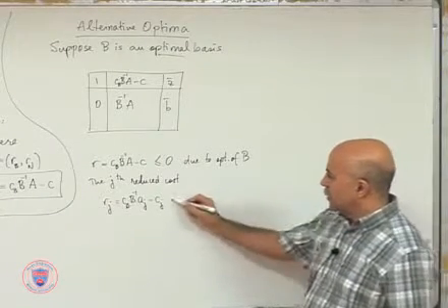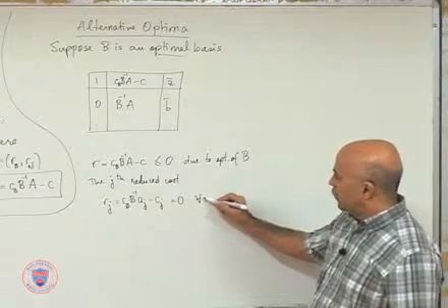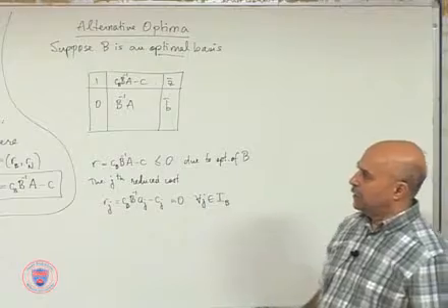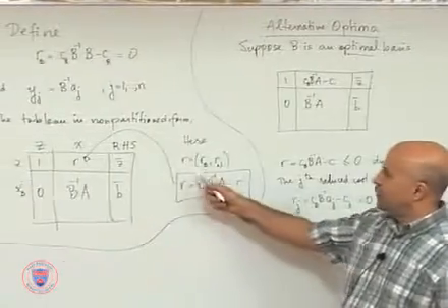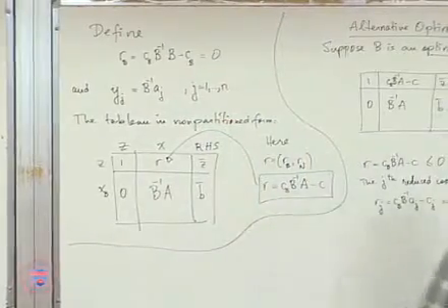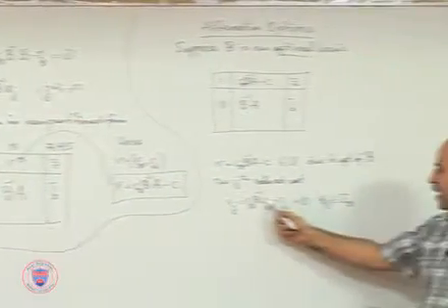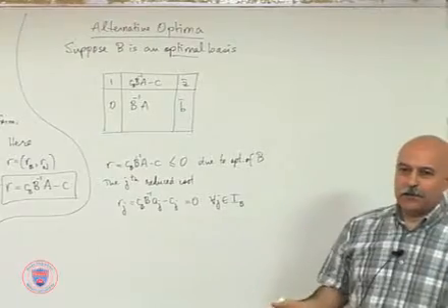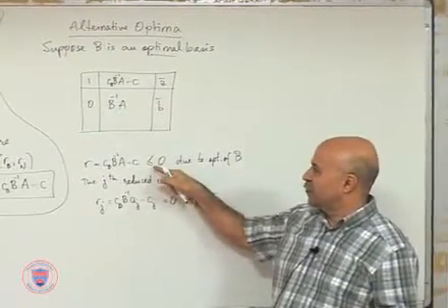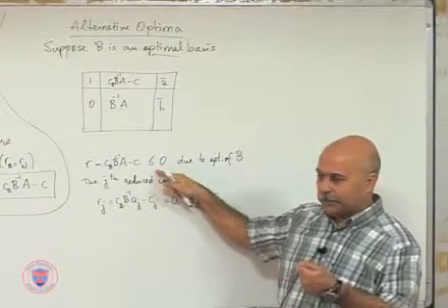Now, this is equal to 0 for all basic variables. Why? Because of the way we defined here. Where was it? See, RB is always 0. Okay? They're always 0. So obviously, the basic reduced costs are always 0 by definition. Okay? So this inequality is always satisfied by them.